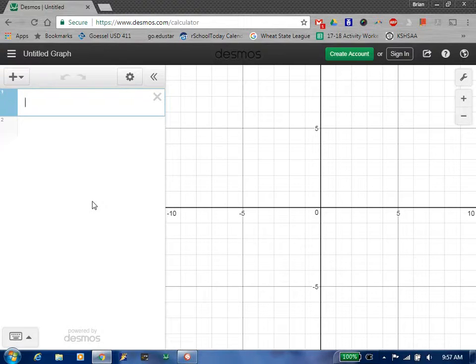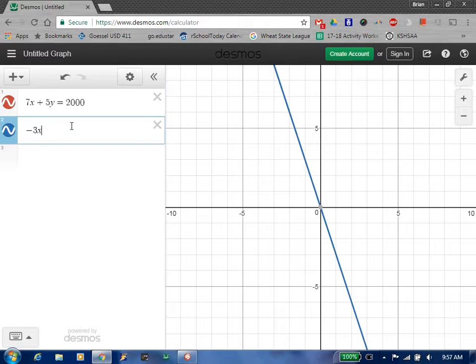Put that down. 7x plus 5y equals 2,000. Negative 3x plus 2y equals 5,000. Okay, I think we gotta zoom out a little bit.